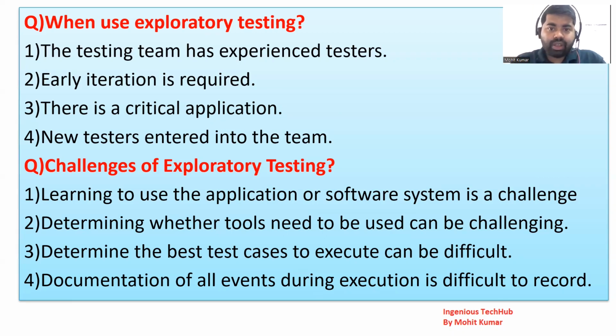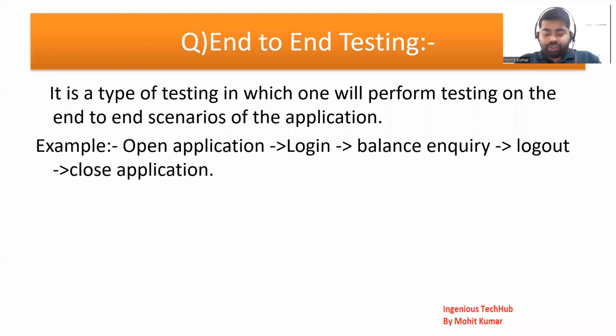Okay, so let's move on to what is end-to-end testing. As the name itself says, when you are doing validation, we can go for completely end-to-end. It is a type of testing in which one will perform testing on the end-to-end scenario of the application. For example: open application, login, balance query, logout, and close application.